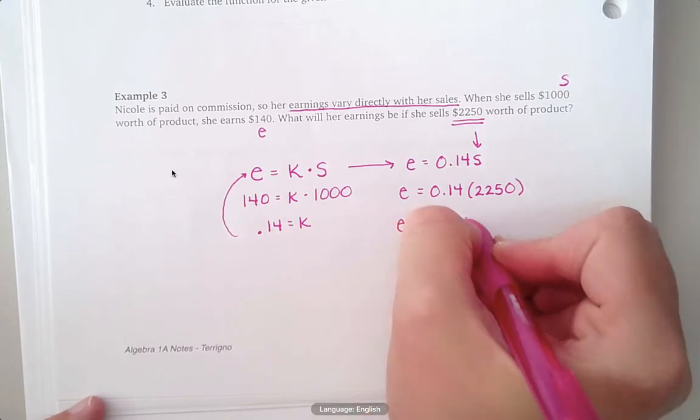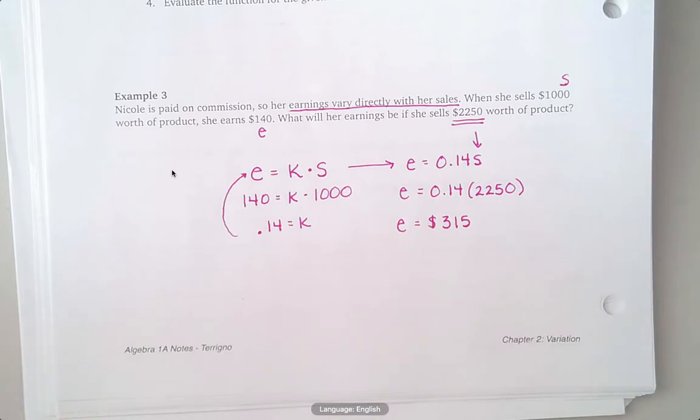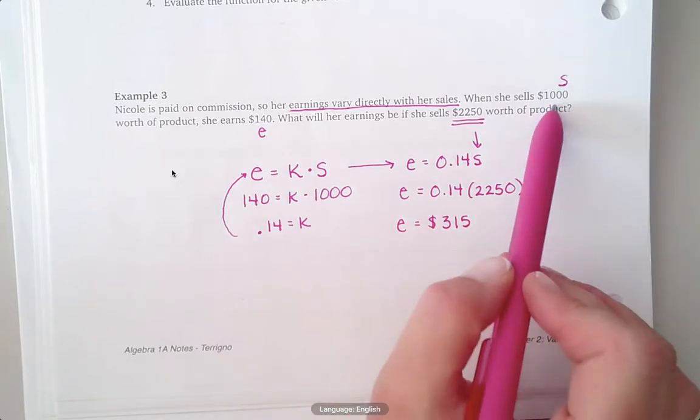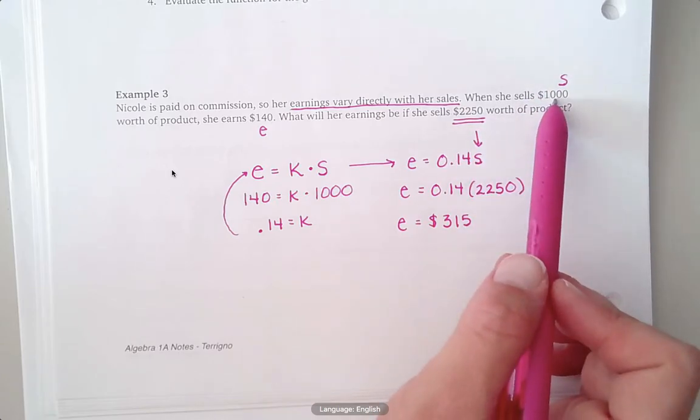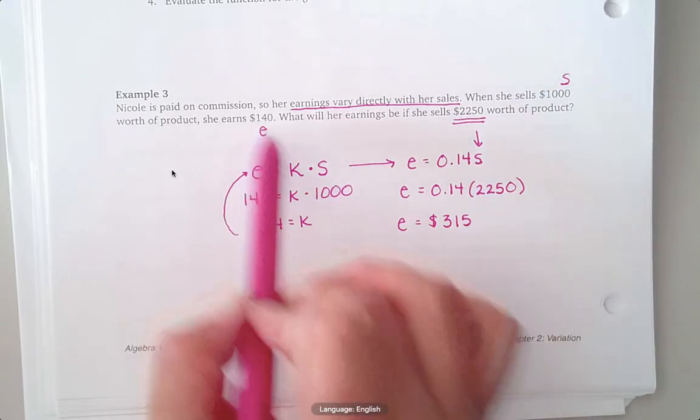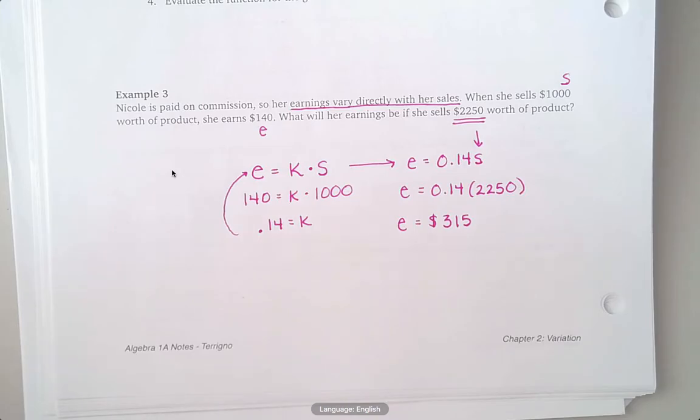And I always just kind of check mentally to make sure that seems to fit with what we saw before. So $1,000 gave us 140. We would expect 2250, which is more than double that, to be more than double this, and it is. So I think that answer seems reasonable.